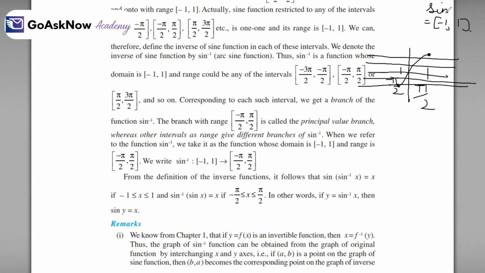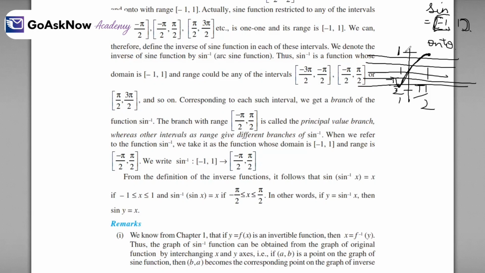So for this interval, the function covers all the points of the range, that is minus 1 to 1, and it is onto in this interval only. But if you consider the whole graph, then it will not be onto because the whole real numbers are not covered in that interval. Okay.